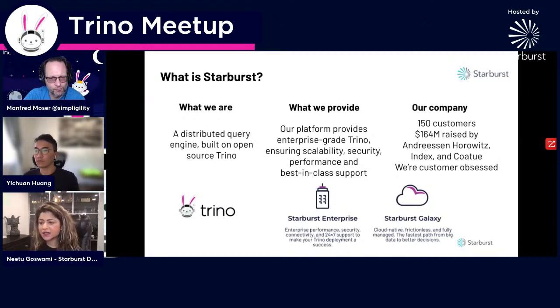Why you would actually switch from Trino to Starburst is because of that enterprise performance, right? The auto-scalable clusters, the graceful shutdown. It has given a lot of customers massive cost efficiencies because you don't have to do that manually. It's a managed platform, so it takes care of that for you, as well as massive data team productivity gains.